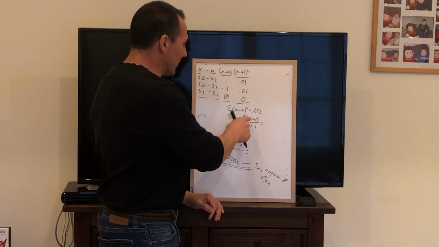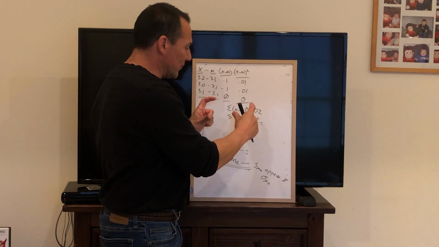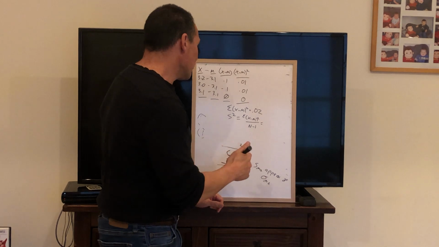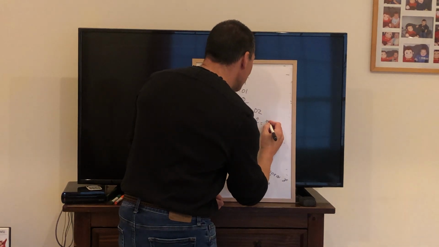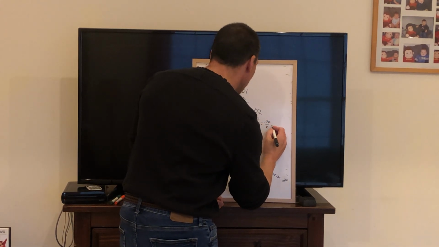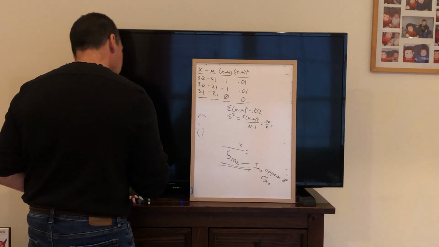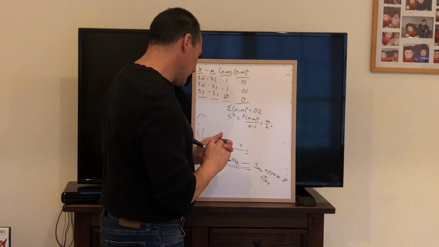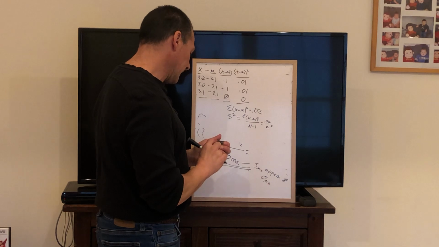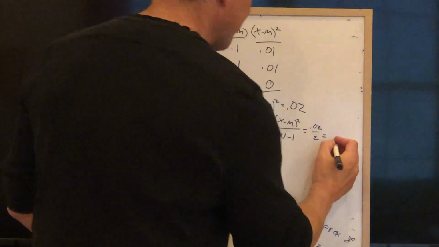S squared is sigma X minus M squared divided by n minus 1, which is 0.02 divided by 2, which is 0.01.